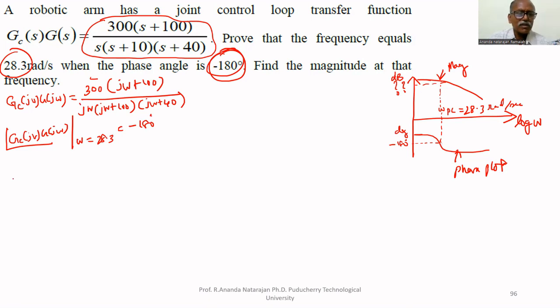So what is the angle of G of j omega? The angle of 300 is 0, so we can leave it.